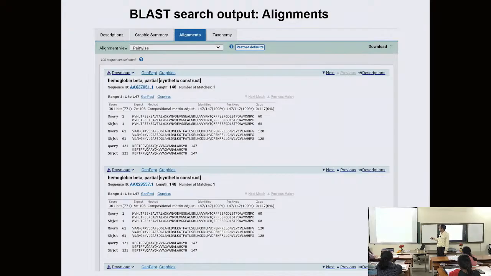So now you understand this method, compositional matrix adjustment. Why would you want to do compositional matrix adjustment? Because the genome could be atypical, right?